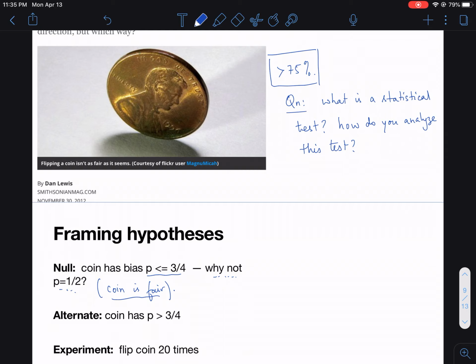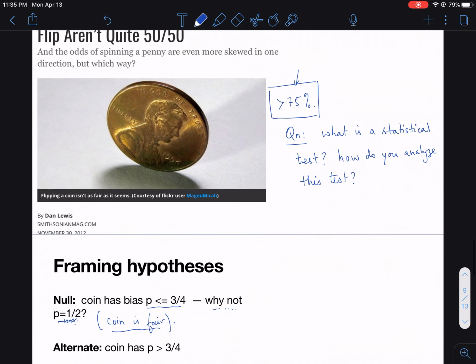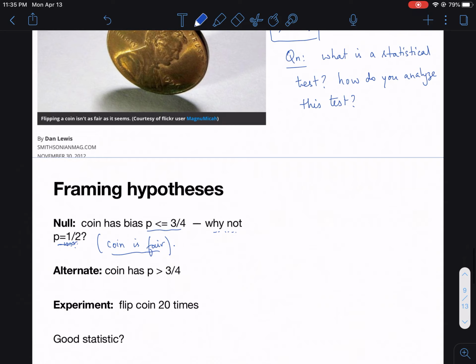So maybe not just what you might expect about the ideal behavior, because when you say that your null hypothesis is p equals half, you're bringing in some inherent information about coins to the picture. You're not just trying to verify if what this person is saying is right or not. Some people stress this point a lot. I'd like to think of both of these as valid null hypotheses. But let's stick with this one for now.